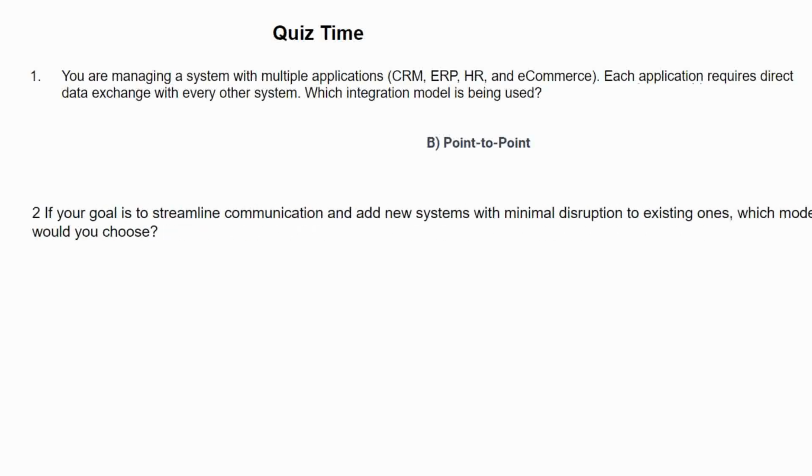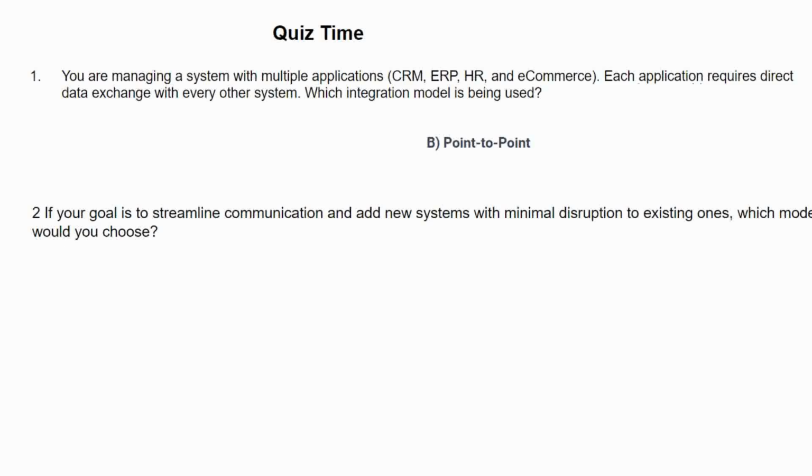Let me go to the second question. If your goal is to streamline the communications and add a new system with minimal disruption to existing ones, which model would you choose? One is point to point, hub and spoke, star topology, and service. It's a little bit tricky, but I guess you'll answer this question.